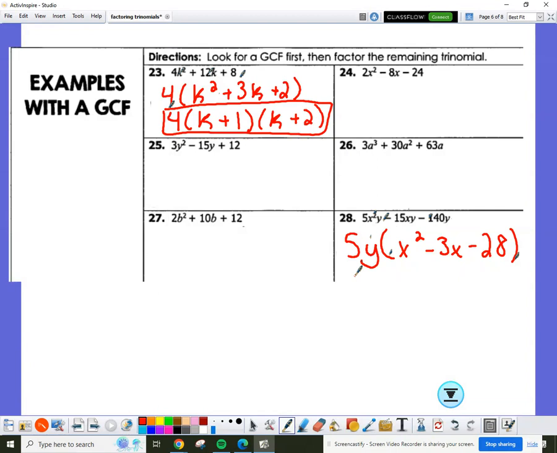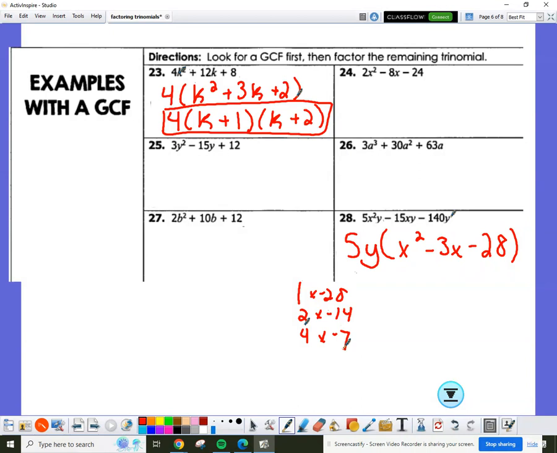Now our goal is to find what multiplies to give me negative 28, but adds to give me negative 3. Okay, so we have 1 times negative 28, 2 times negative 14, 3 doesn't go into it, 4 times negative 7.